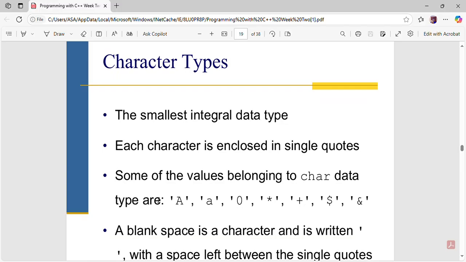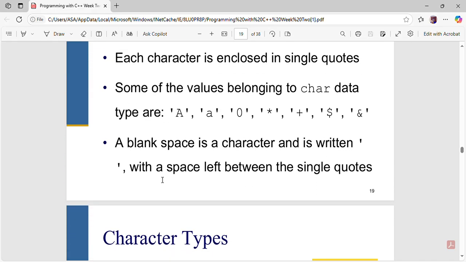And then let's look at the character types. The smallest integral data type. Yes, so they are the smallest. Each character is enclosed in a single quote. Some of the values belonging to the character data type are capital A in quotes, small a in quotes, 0 in quotes, star in quotes, and the rest.